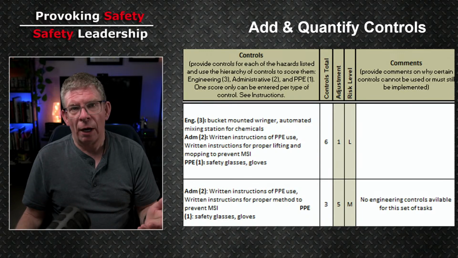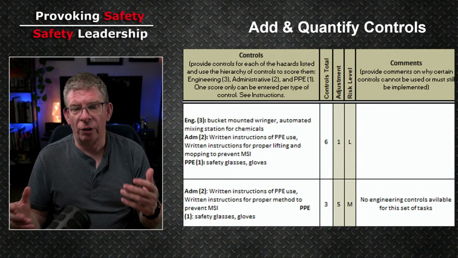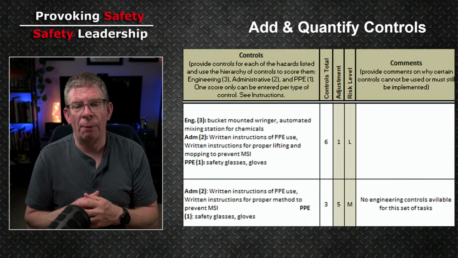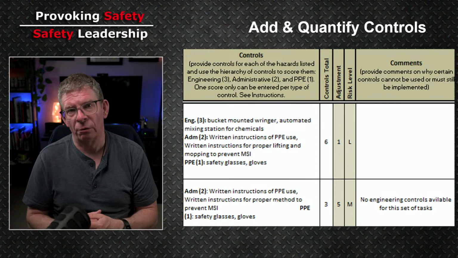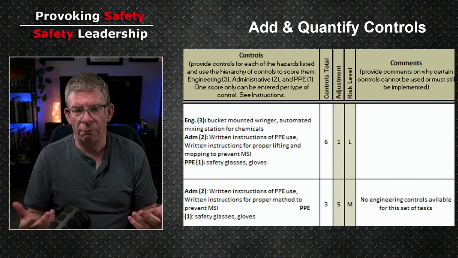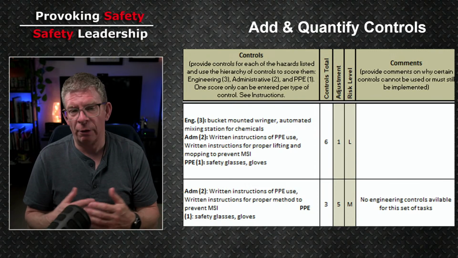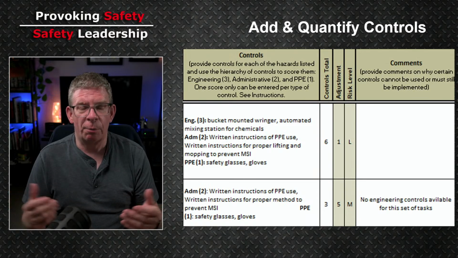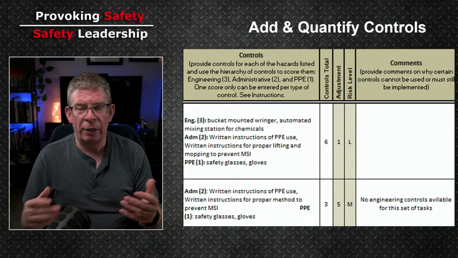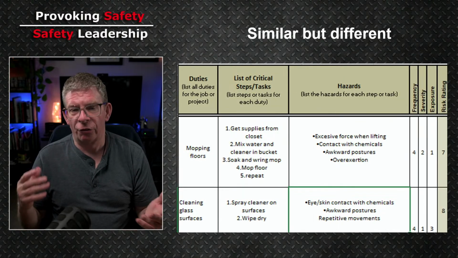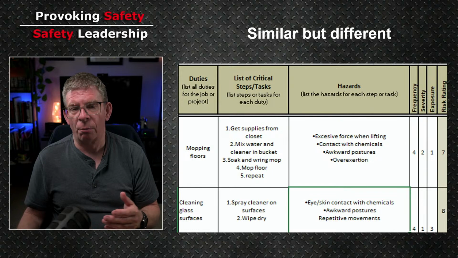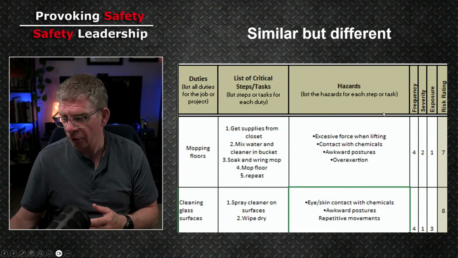Okay. But as we see, when we go to using glass cleaner, it moves up to a bit of a different risk because we don't have any engineering controls available. We have written instructions on the use of PPE, written instructions for the proper method to prevent MSIs. Because in the previous slide, I'll go back to it, it was noted that skin contact with chemicals, awkward postures, and repetitive movements were the hazards noted.